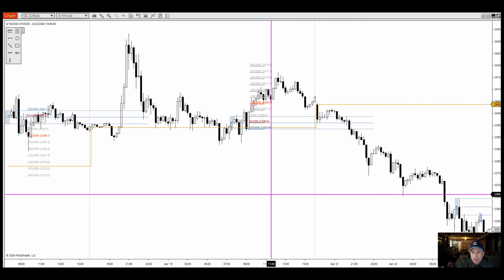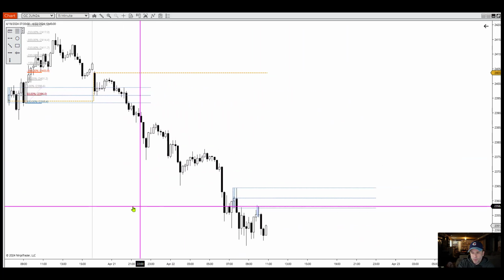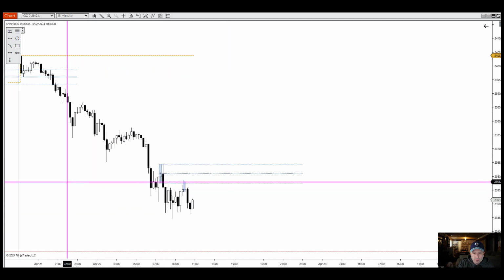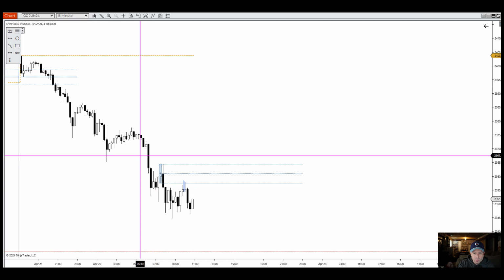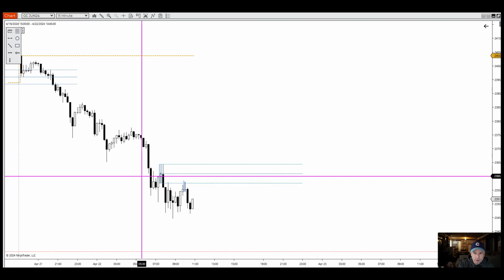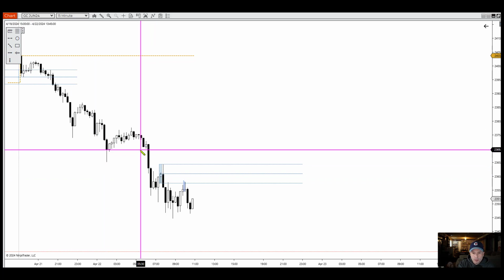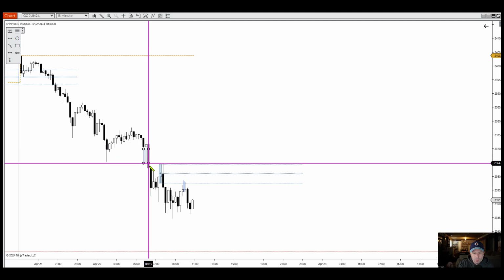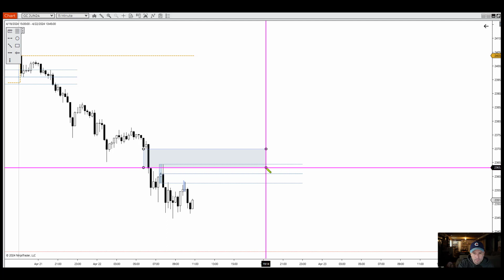Okay. And I use fair value gaps. Let's see where we're at. Here we are. Oh, we're way over here. So a fair value gap is an ICT term, and it's simply the space between candles. So I look at what's the nearest fair value gap on the 15-minute chart. So the fair value gap on this 15-minute chart is the gap between this candle's low right here, skip a candle, go to this candle's high, and that creates a gap.